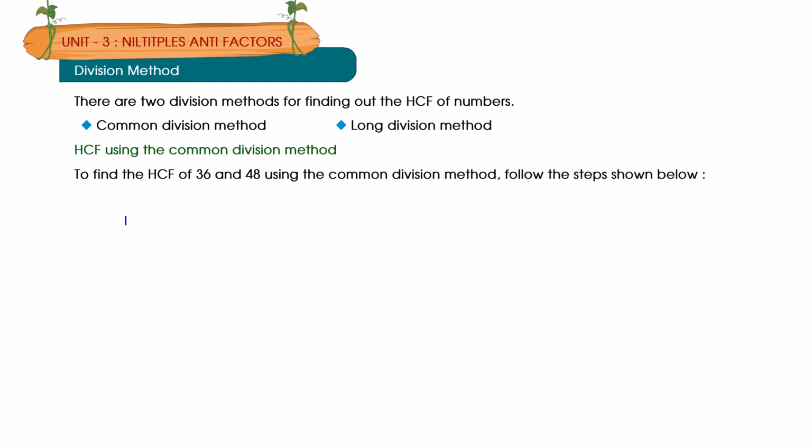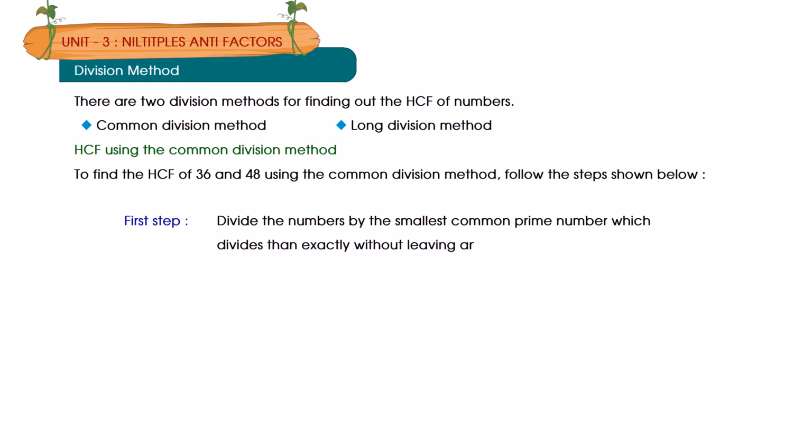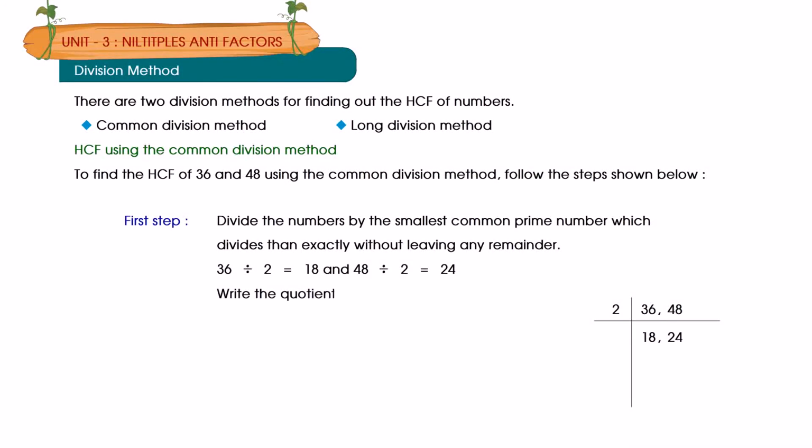First step. Divide the numbers by the smallest common prime number, which divides them exactly without leaving any remainder. 36 divided by 2 is equal to 18 and 48 divided by 2 is equal to 24. Write the quotients 18 and 24 below the numbers.